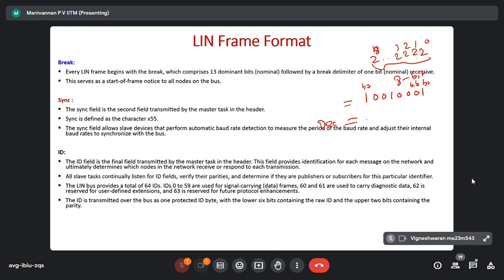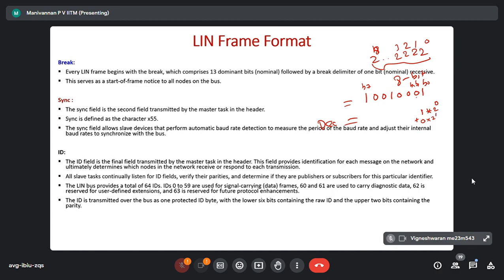For the first number, 1 into 2 power 0. Then plus 0 into 2 power 1. Correct?